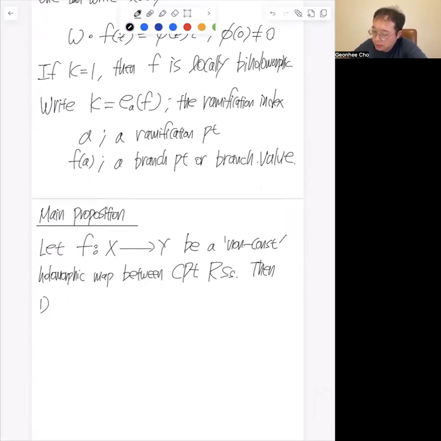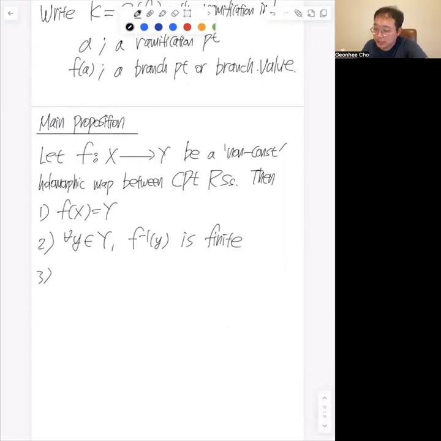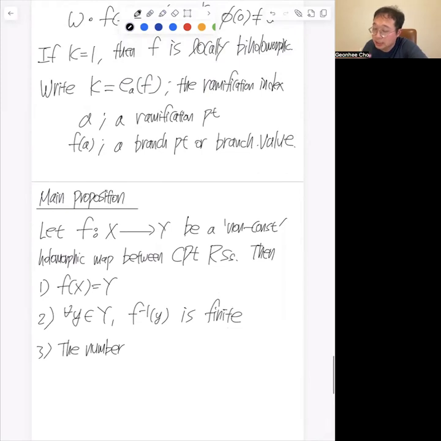Number one, f must be surjective. Number two, for each point of the codomain, the fiber must be finite. Number three, the number of ramification points is finite, meaning the points where the ramification index is greater than or equal to 2, not 1.